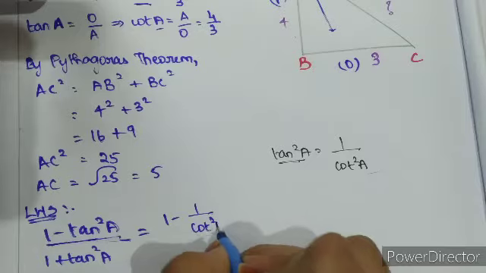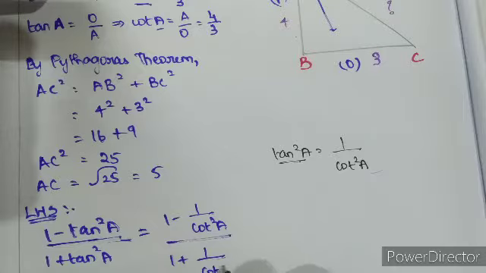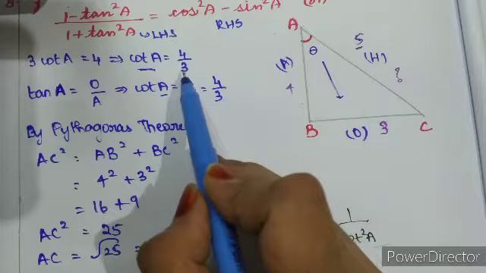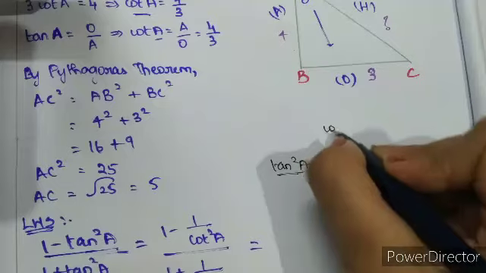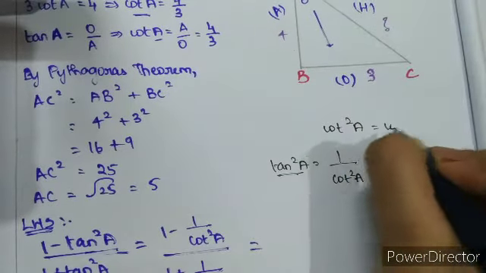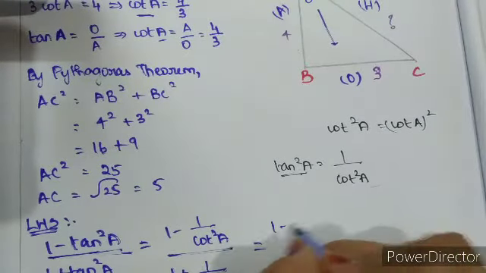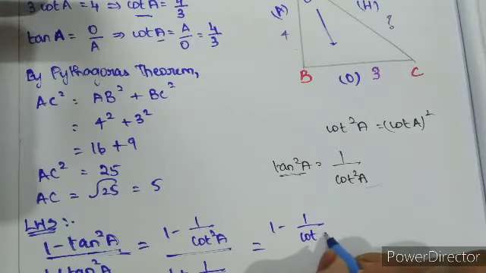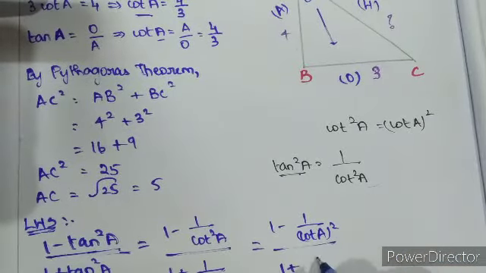So that is 1 minus 1 by cot square A divided by 1 plus 1 by cot square A. Now in the question we have the value for cot A. So we know that cot square A is equal to cot A the whole square.